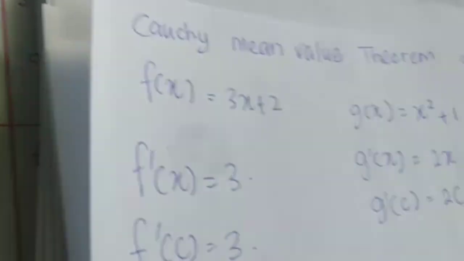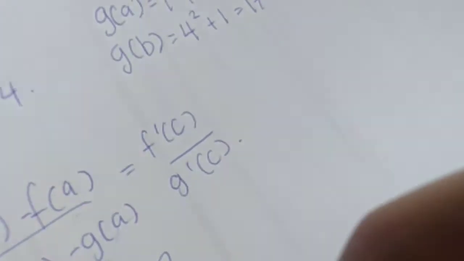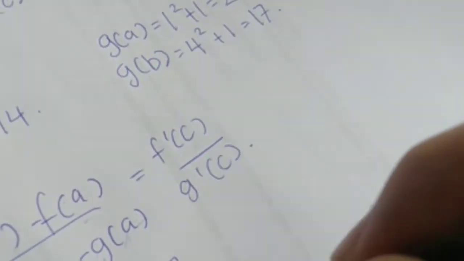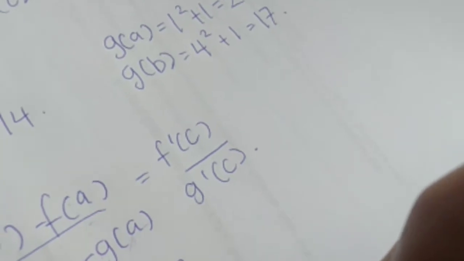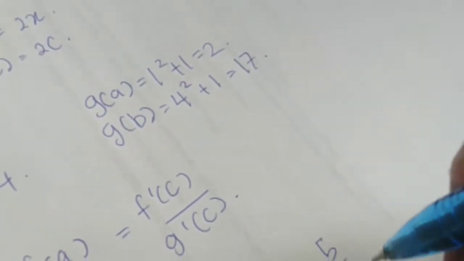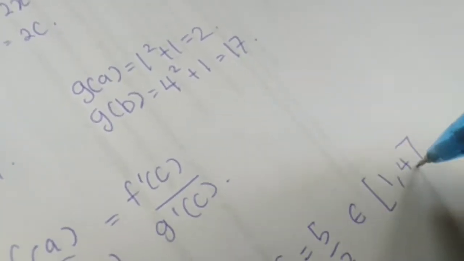Okay, so now we will have 3 over 2C equals 9 over 15. So we can have C equals 5 over 2, which is in the interval of (1, 4). So that is the Cauchy mean value theorem.